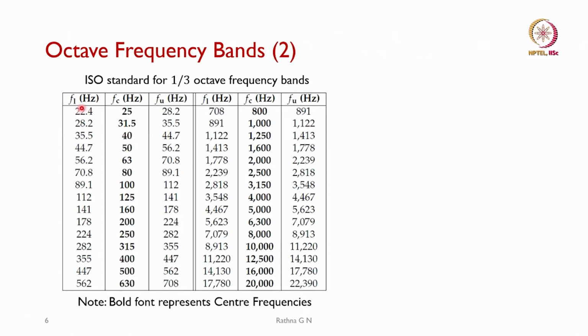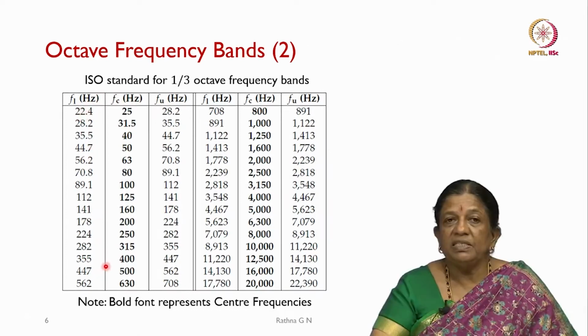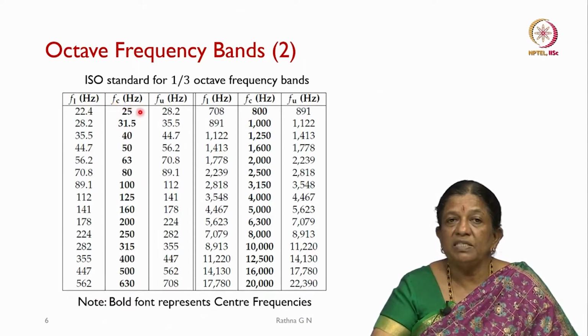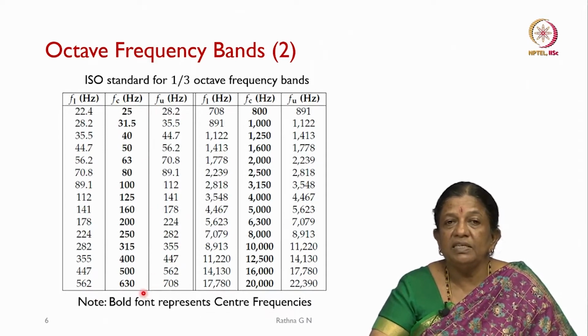So, what you have is F1, and then you will be seeing a little variation; it varies from 22.4 to 562, and your center frequency is somewhere from 25 hertz to 630 hertz. So, what it says is bold font represents the center frequencies in this case.